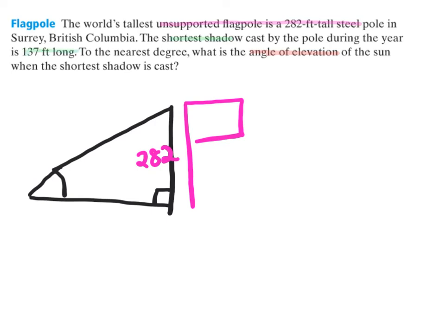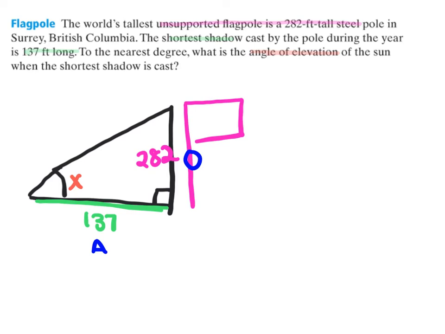The shadow is going to be that shadow that's cast on the ground from the flagpole. So this is 137 feet. The question is now asking for the angle of elevation. So that is our value of x. So if I were to set up the problem, we would set it up and label like we normally would in terms of that angle x. So I have the hypotenuse, opposite, and adjacent. Since there's nothing on the hypotenuse, you can erase it.